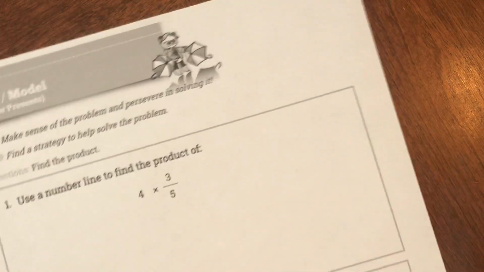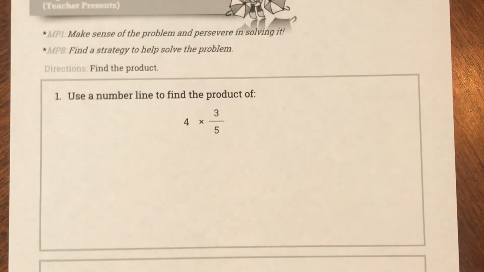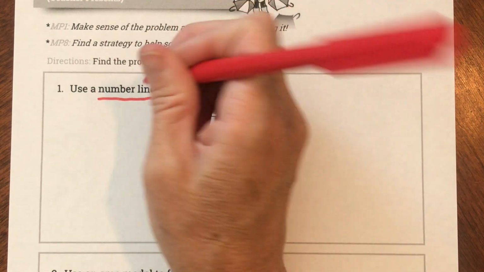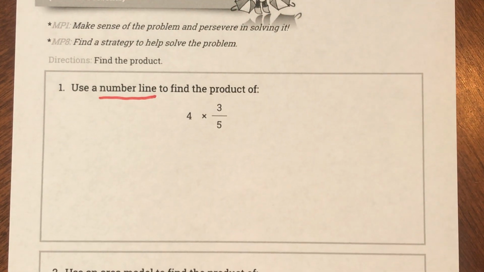Here is my first one, and it says use a number line to find the product of 4 times 3/5. Okay, so they want a number line. What I have to remember when I do a number line is each whole number gets divided.